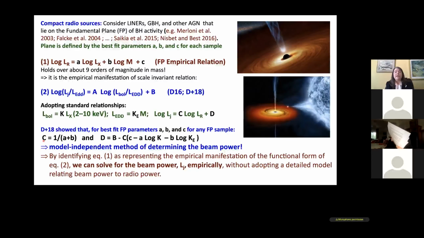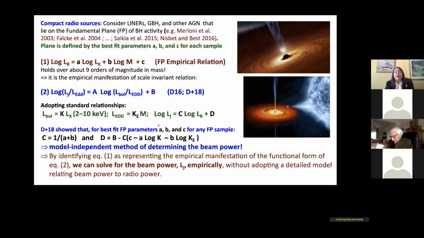Well, it occurs when this value C, the coefficient here for the beam power, goes as 1 over A plus B, these 2 coefficients in the fundamental plane relationship. And when the constant capital D is this particular combination of constants. So if C and D can be determined, which they can here, you can actually use this to solve directly for the beam power, okay?